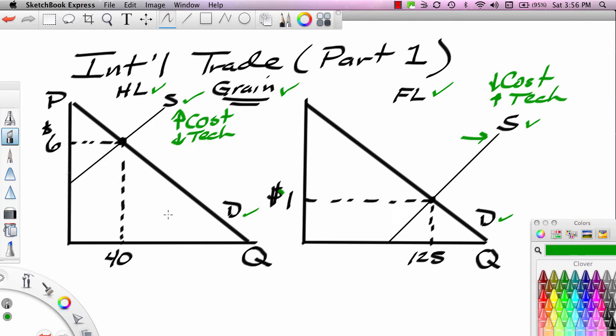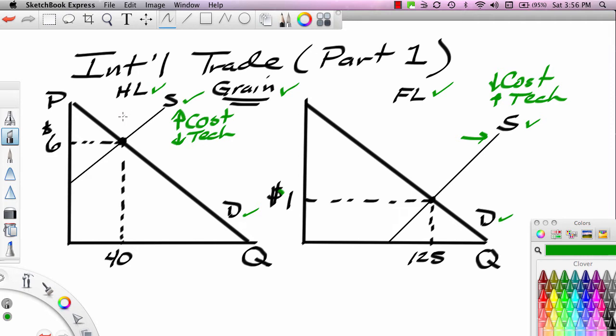The reason is buyers in Hillland are buying grain at $6 a bushel, whereas in Flatland the grain is selling for $1 a bushel. So the buyers in Hillland are going to notice that they can get grain more cheaply from this other country. And there, of course, will be people engaging in something called arbitrage.